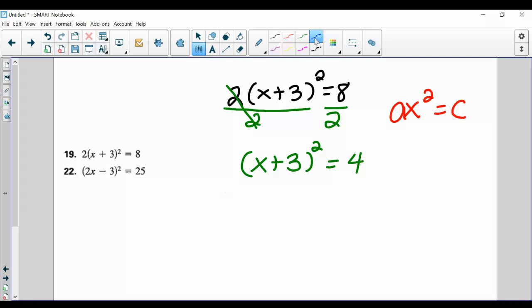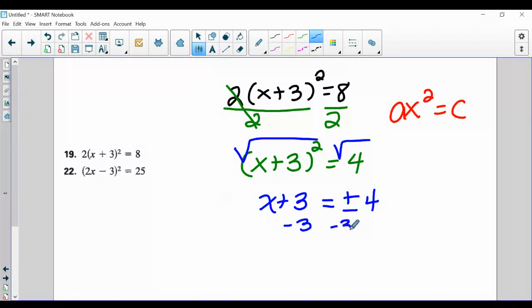So what I'm going to do is, something's being squared, so I'm going to take the square root of both sides, and I'll end up with x plus 3. The square root undoes the square there. Plus minus 4. And then from there, I want to isolate x.